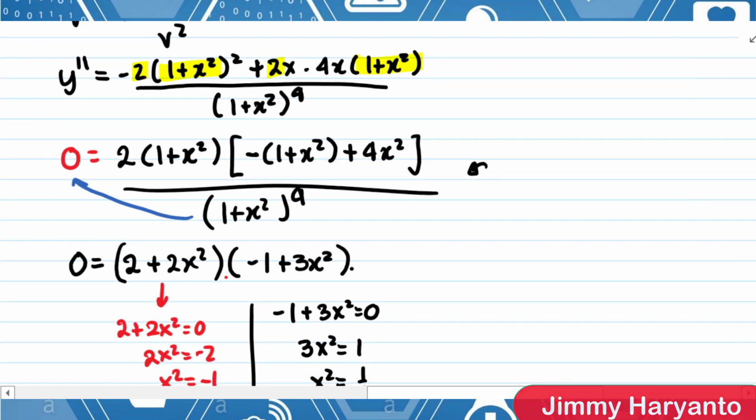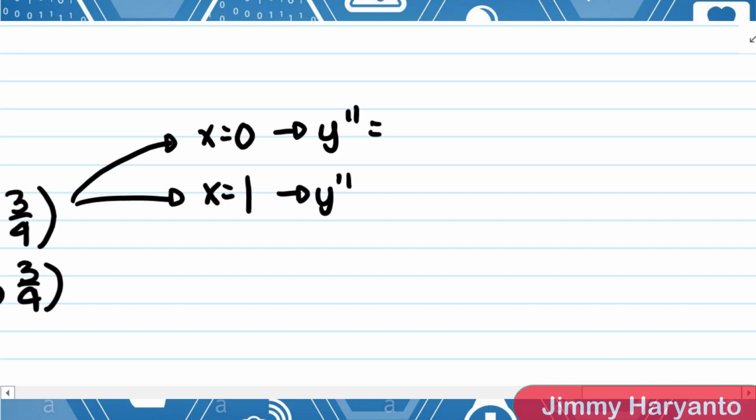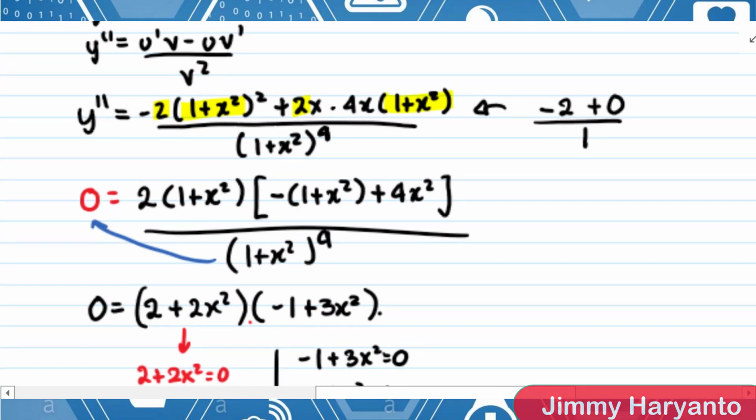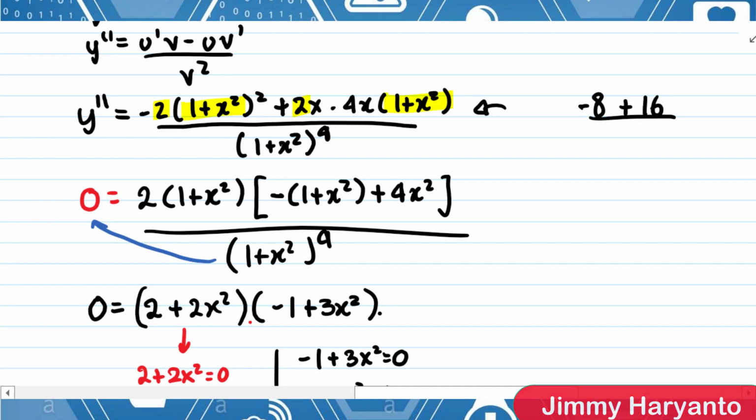Put 0 into this equation. That means negative 2 plus 0 over 1. For the 0, I have negative sign, and for the 1, I will have negative 2 times 4, negative 8, plus 8 times 2, 16 over.